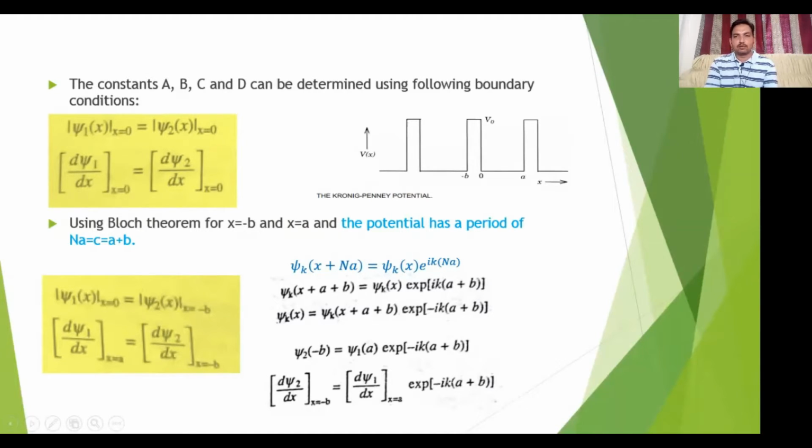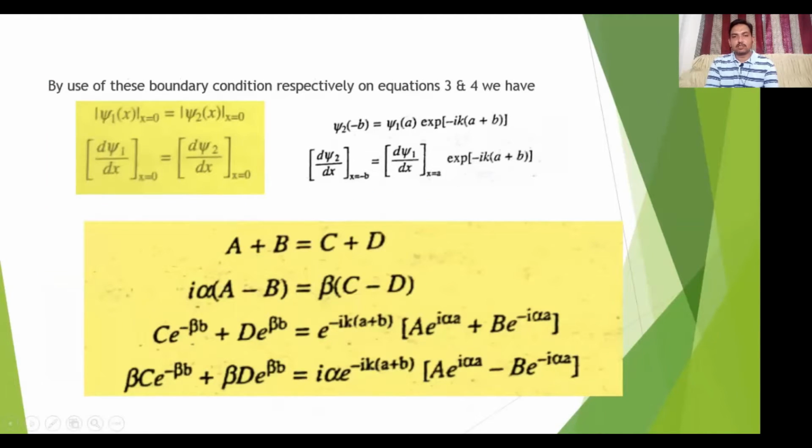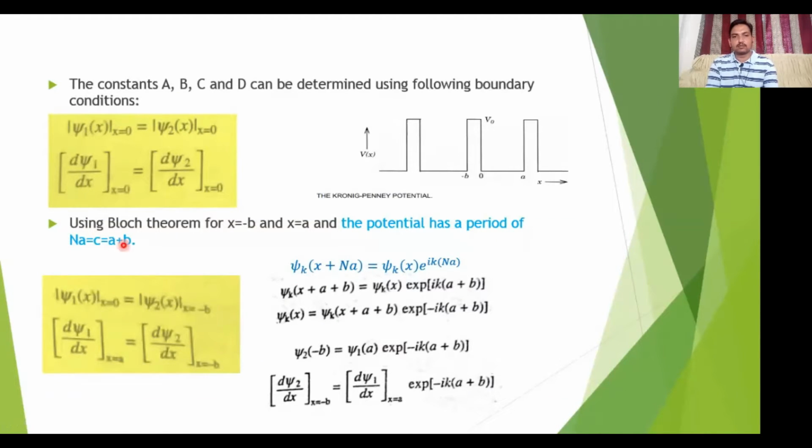So you have this equation, the Bloch function: psi k of x plus na equals psi k of x exponential i k n a. Here a is basically the period, which is equal to a plus b. So on the basis of this periodicity equivalency, you have two boundary conditions.